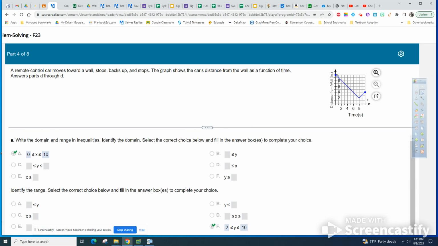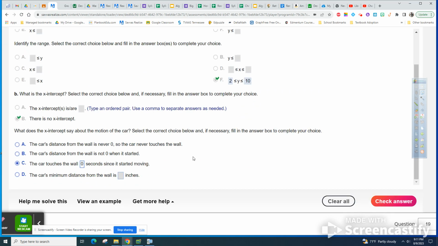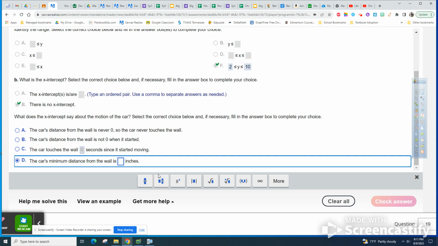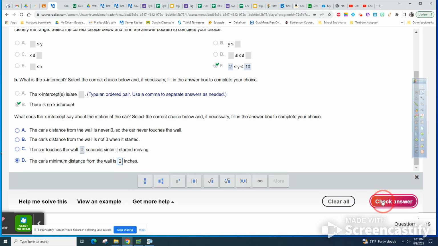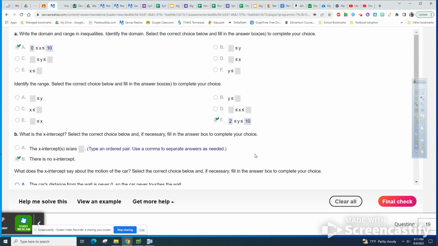Motion car moves toward a wall, stops and backs up. Oh, okay. It's going toward the wall, not going the other direction. And y'all are just saying that. You didn't read it correctly. So there you go. The minimum distance from the wall is 2 inches because it almost made it there. See if it likes that better. Try again. Didn't like that either. Oh, well.